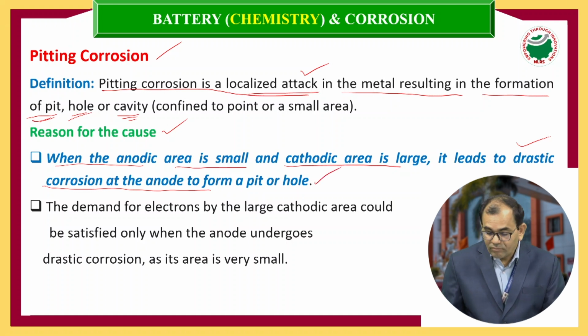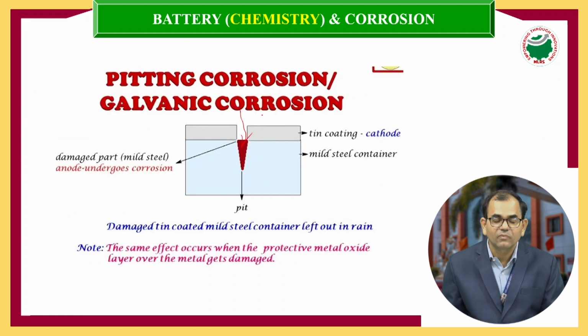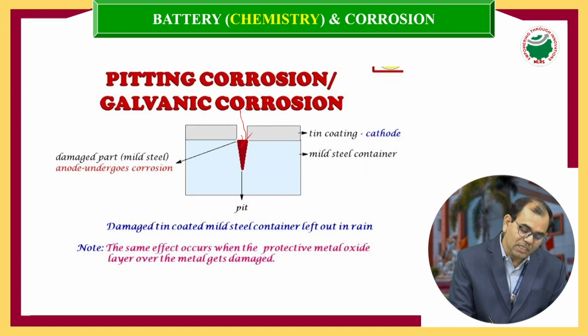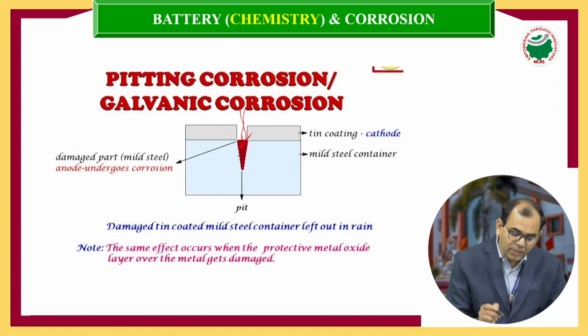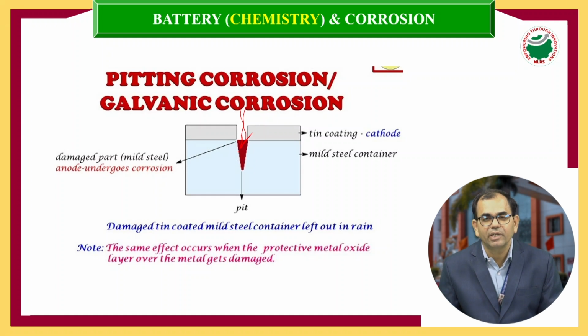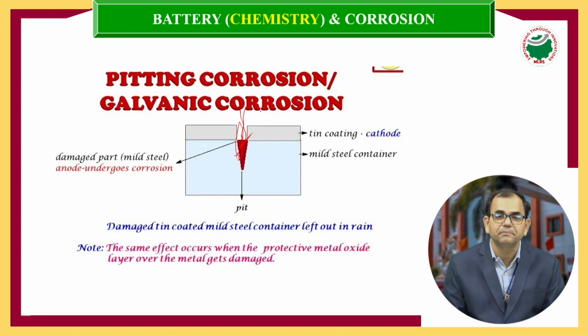We can try to understand it. Here there is a metal, and this is the cavity. Whatever atmospheric oxygen or moisture enters into this pit, cavity or hole won't escape easily. Why? Because it is localized, it is fixed in this cavity.